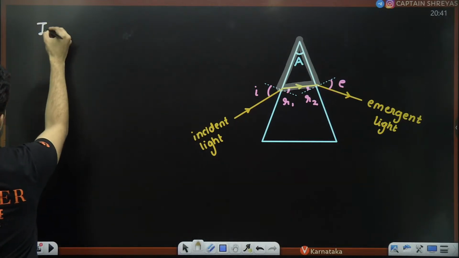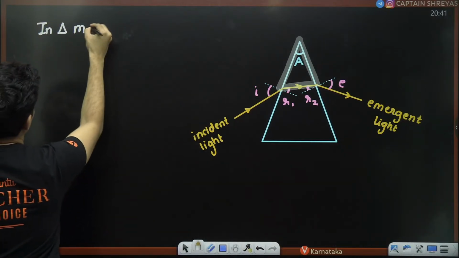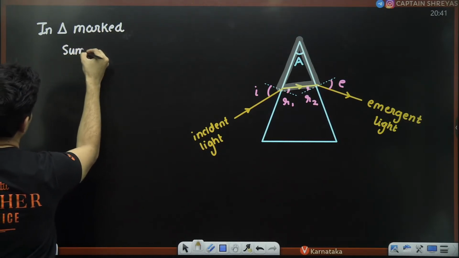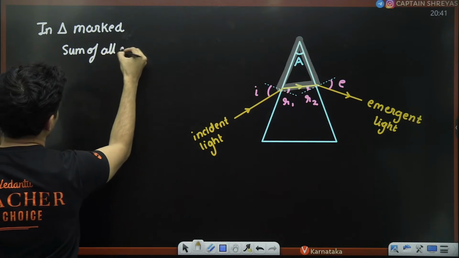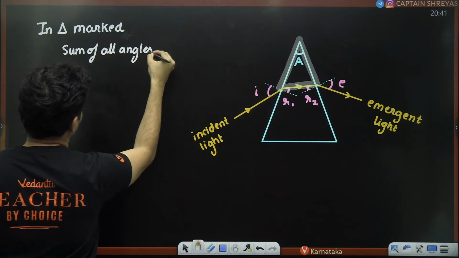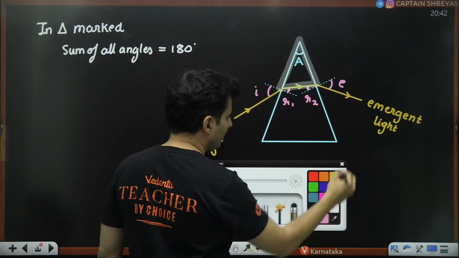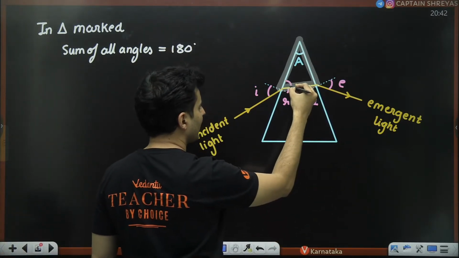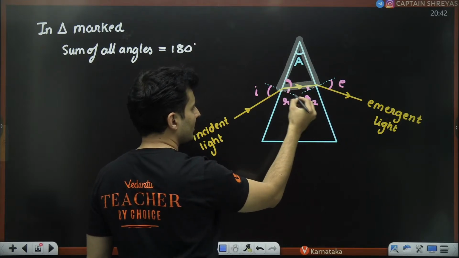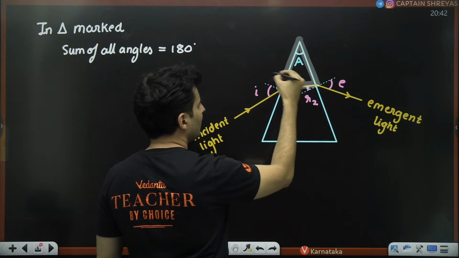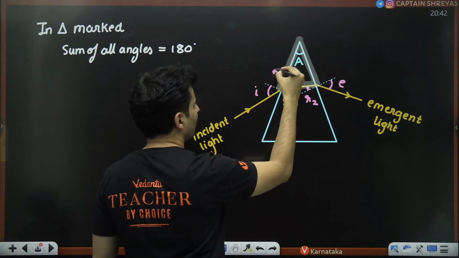In the triangle which is marked, the sum of all angles must be 180 degrees, which definitely then means this angle over here, because this is R1, so the remaining angle must be nothing but, how much will this be?